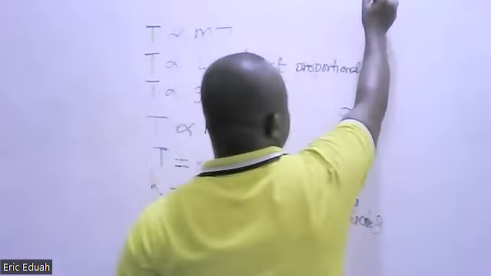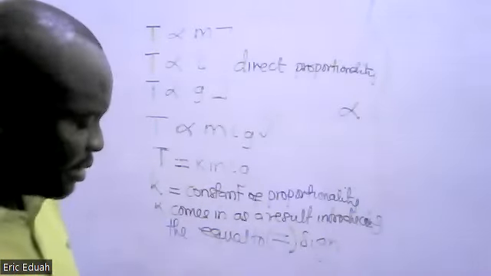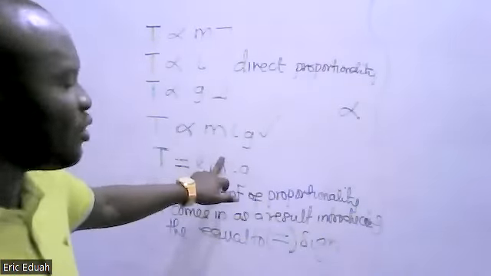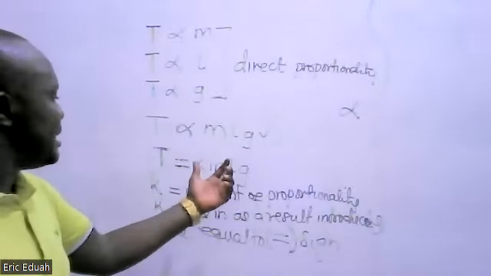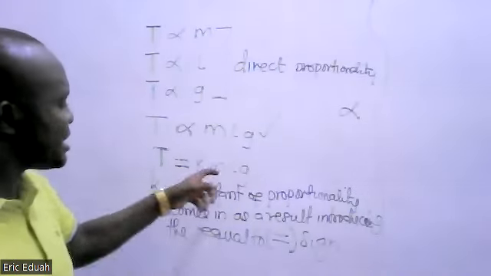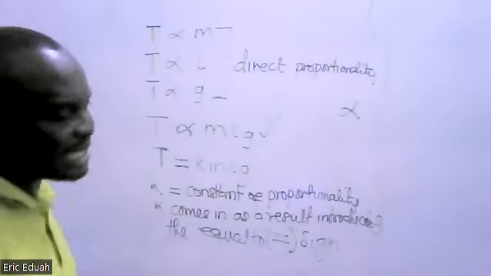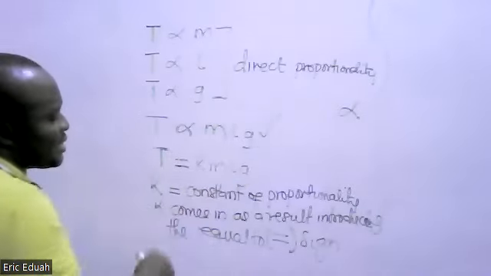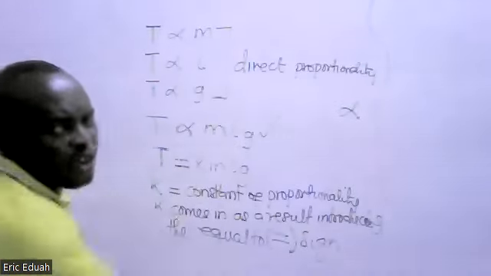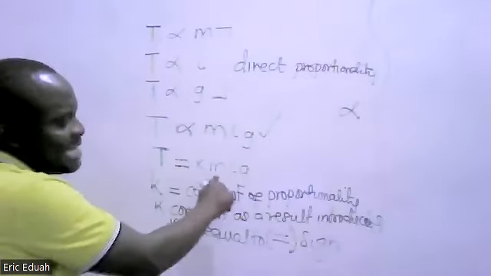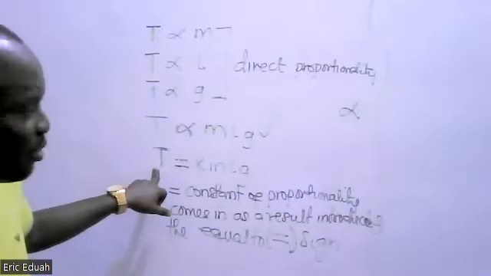Now, the other method is that we don't know the exponential value of these quantities. M, L, and G are independent variables, whereas T is a dependent variable, because T will depend on them.